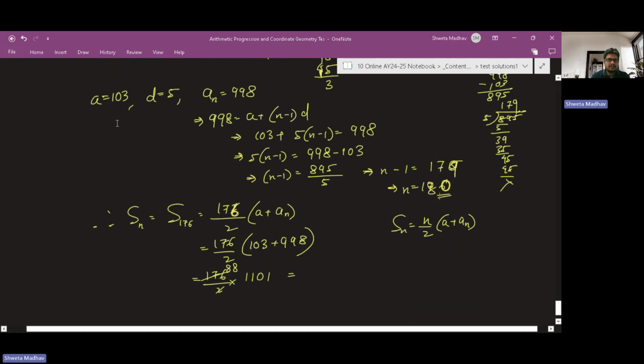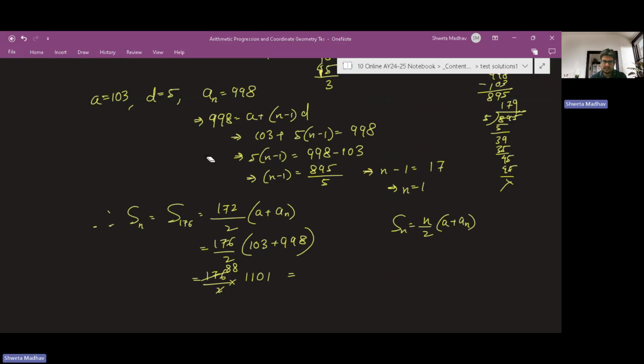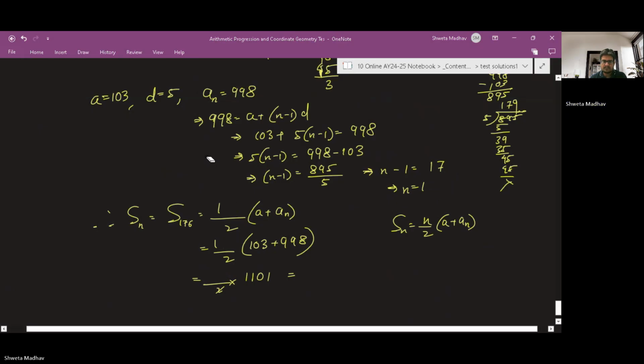So there was some mistake here. This will be 180 instead of 176.